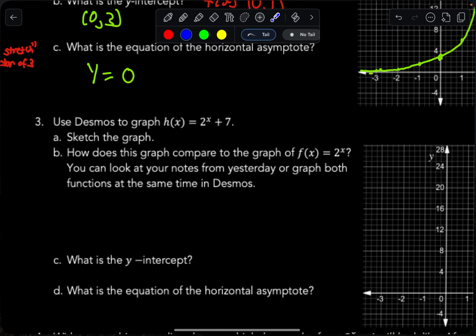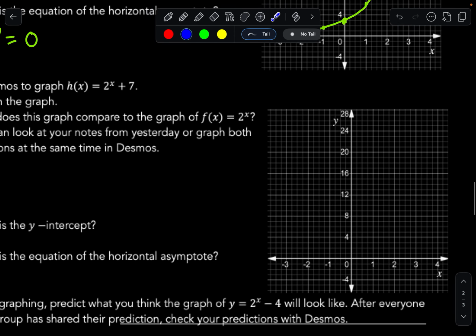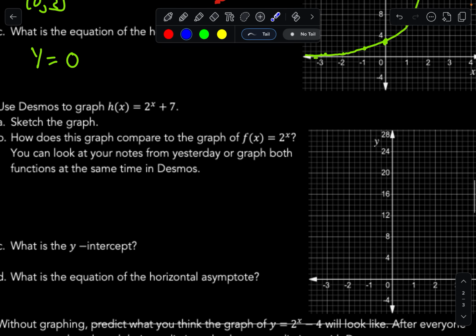So describe the difference, sketch the graph. So it is (0, 8). When x is 1, that'll be 2 plus 7 is 9. When x is 2, 2 squared is 4, plus 7 is 11.